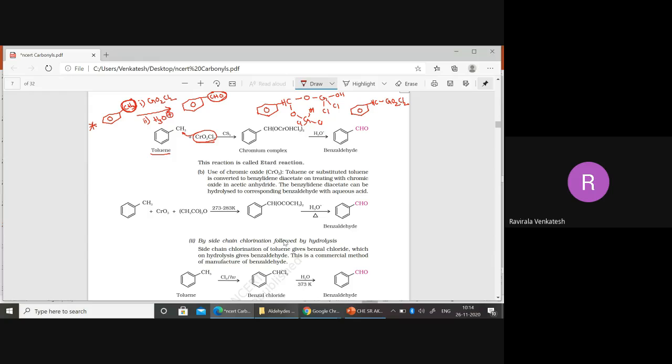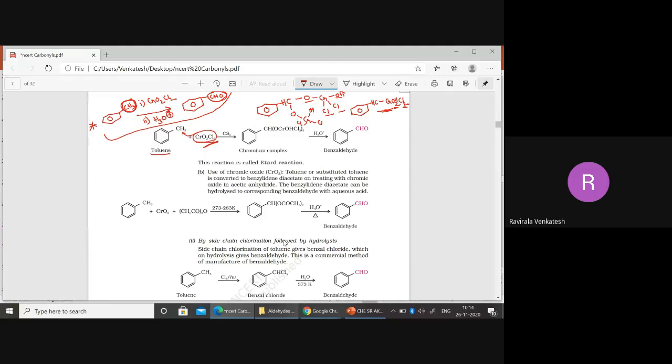Put one H here, then no problem. Same thing only I am writing. See, two oxygens are there, I have written two oxygens. Two chlorines are there, I have written two chlorines. One hydrogen and oxygen you put here, no problem. In this way also you can write. If you know the structure, definitely you can make this. Otherwise, better to go for this method.